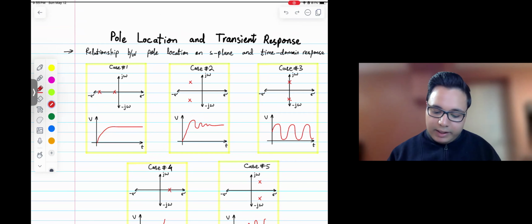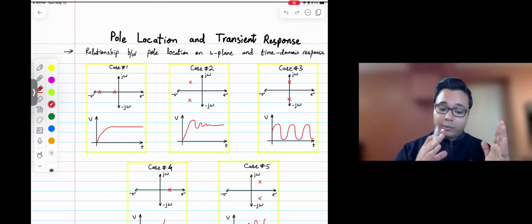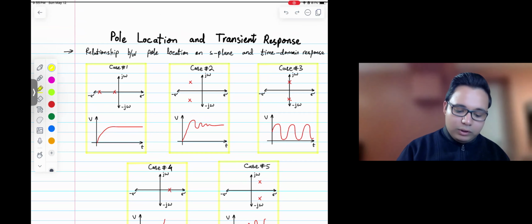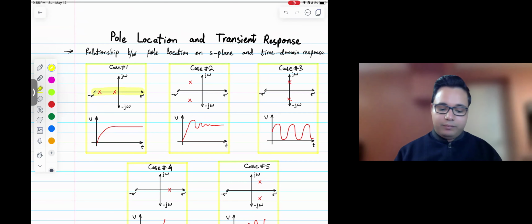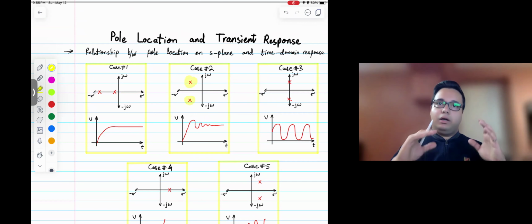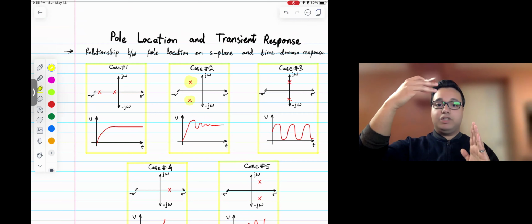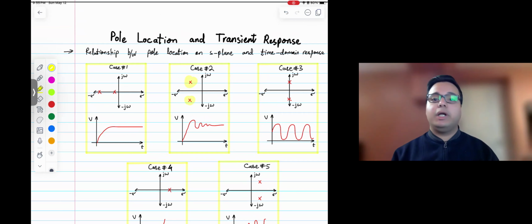And then case number 2. By the way, the thing to notice here is that in case number 1, the poles are on the real axis or the sigma axis. In case number 2, the poles have some real component, and they have some j omega component or some imaginary component as well.